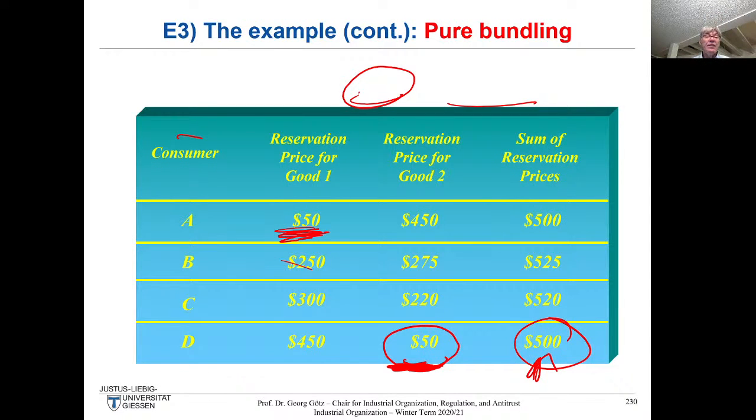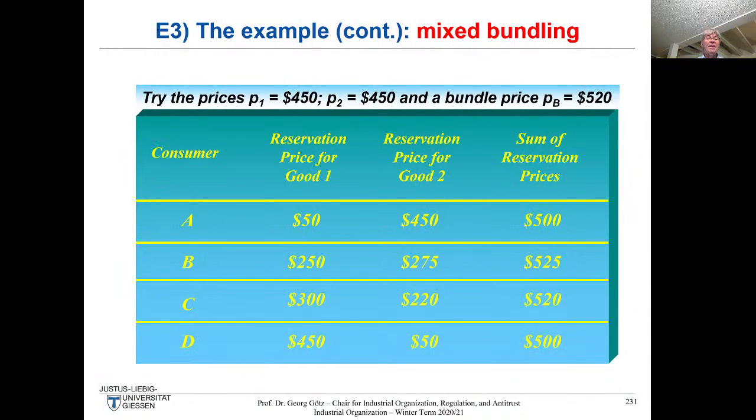So what you immediately see is what you could do is mixed bundling. Okay, so how would you do mixed bundling? You see these 2 guys here, B and C, have rather similar willingnesses to pay. So we would sell a bundle to them at a price of 520.